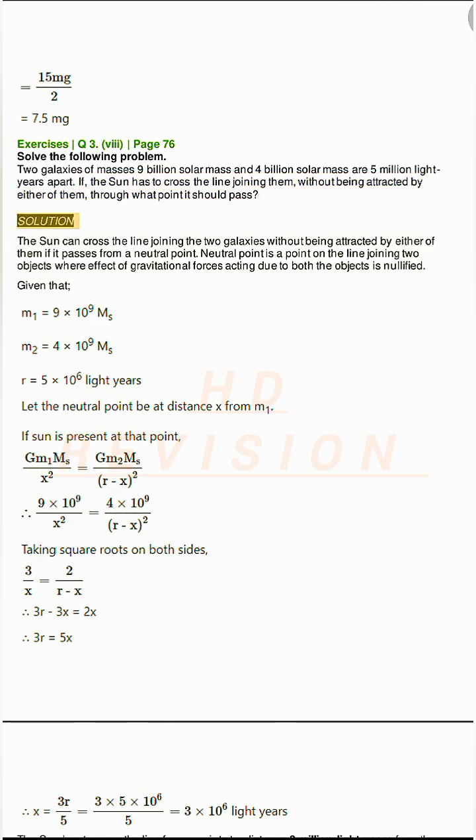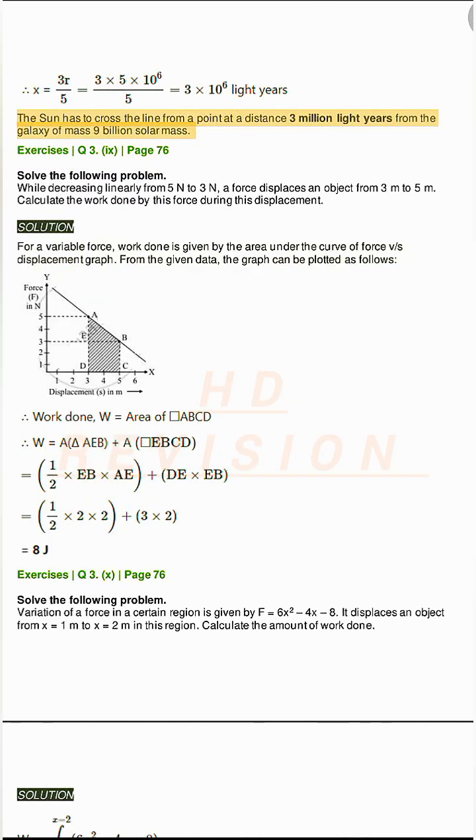The Sun can cross the line joining the two galaxies without being attracted by either of them if it passes from a neutral point. Neutral point is a point on the line joining two objects where effective gravitational forces acting due to both the objects is nullified. Given that the Sun has to cross the line from a point at a distance 3 million light-years from the galaxy of mass 9 billion solar mass.